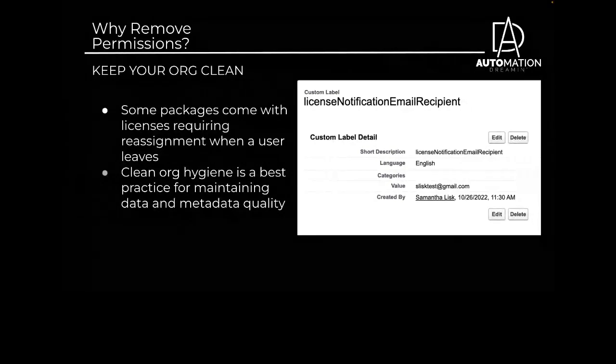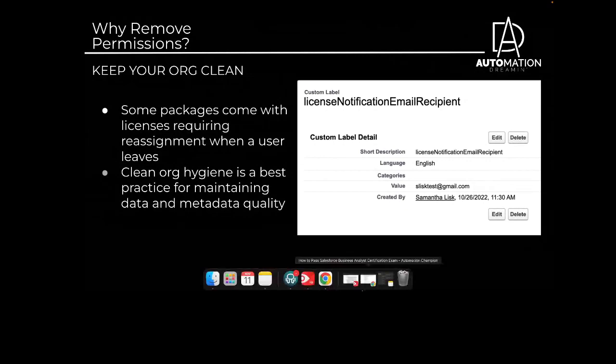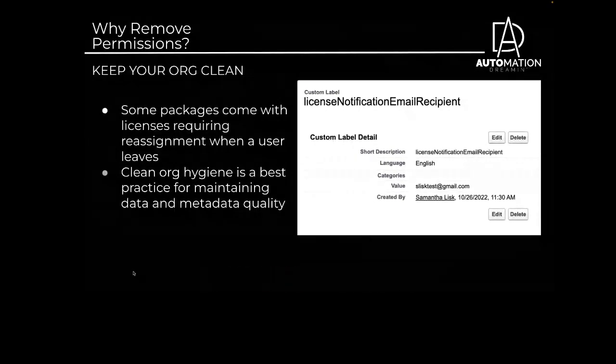The second reason is that clean org hygiene is a best practice for maintaining high data and metadata quality. For example, here we've got a custom label record. This custom label is referenced by a particular flow in my dev org.